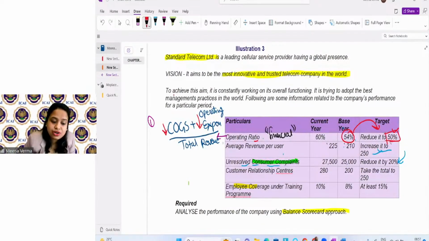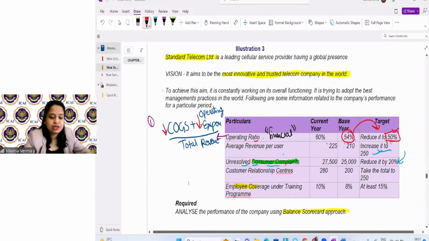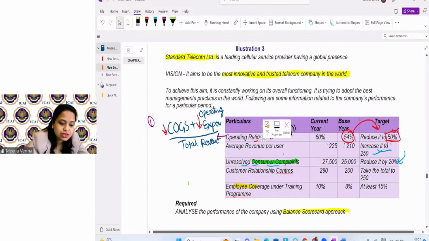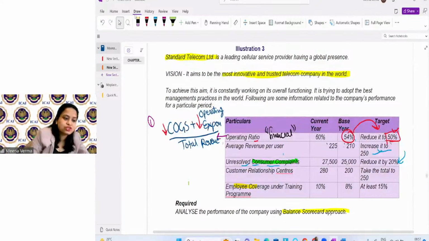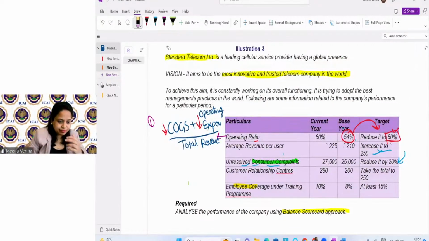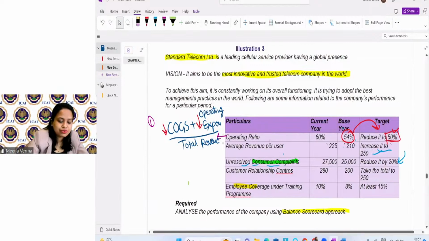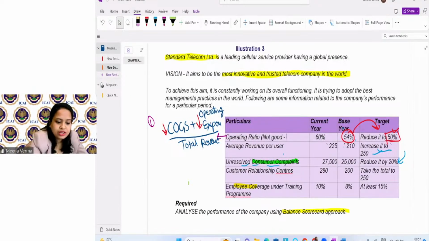But instead of reducing it, what is happening? The ratio, instead of reducing, is actually increasing, है ना? So this is not good, right? Company has not achieved the target. Why? Because instead of reducing, the ratio is increasing.